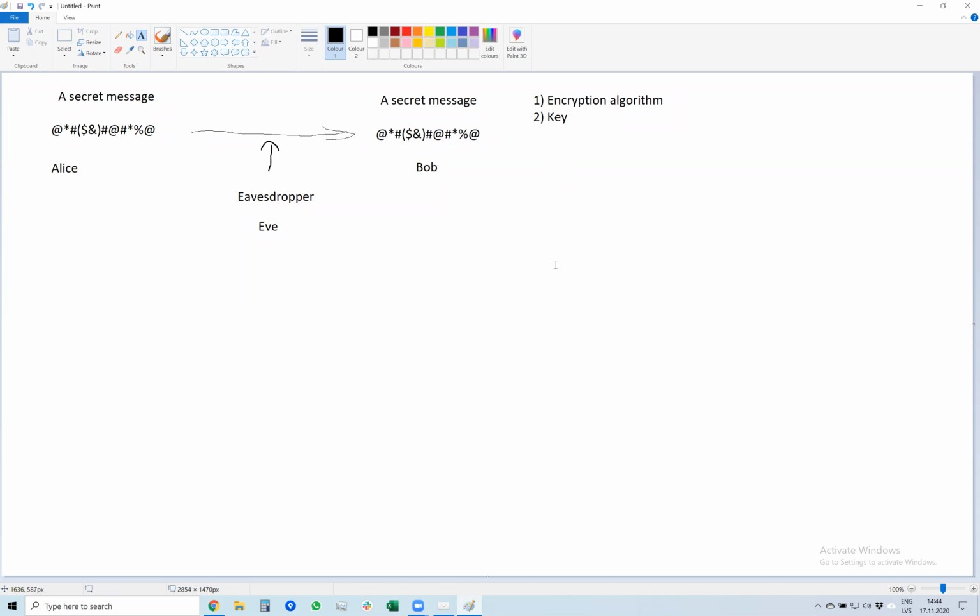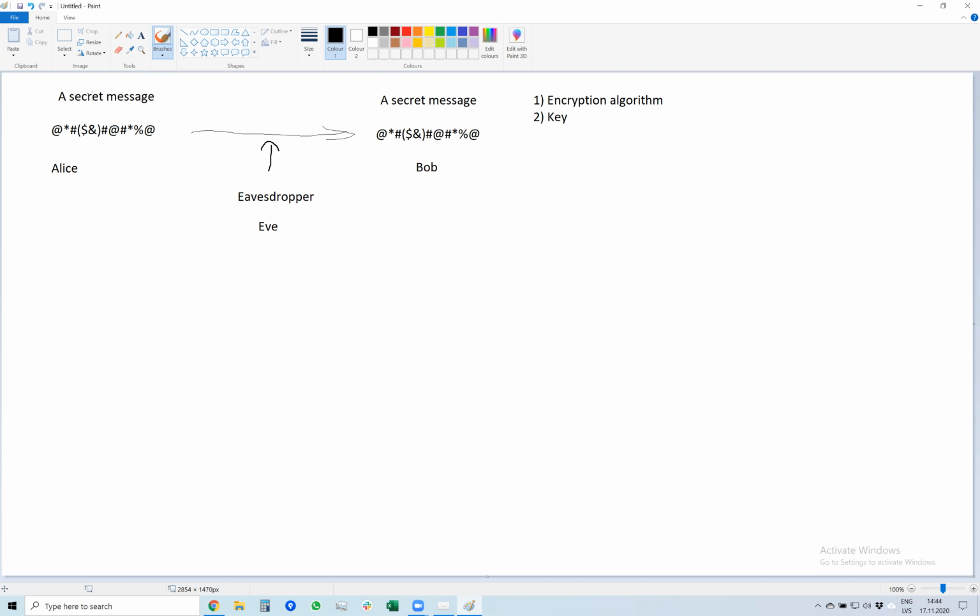So here's the idea. When computer networking started, people oftentimes concentrated on the algorithm, how to encrypt the messages. For example, I take the message and add 1 to every letter, so the text will be changed.